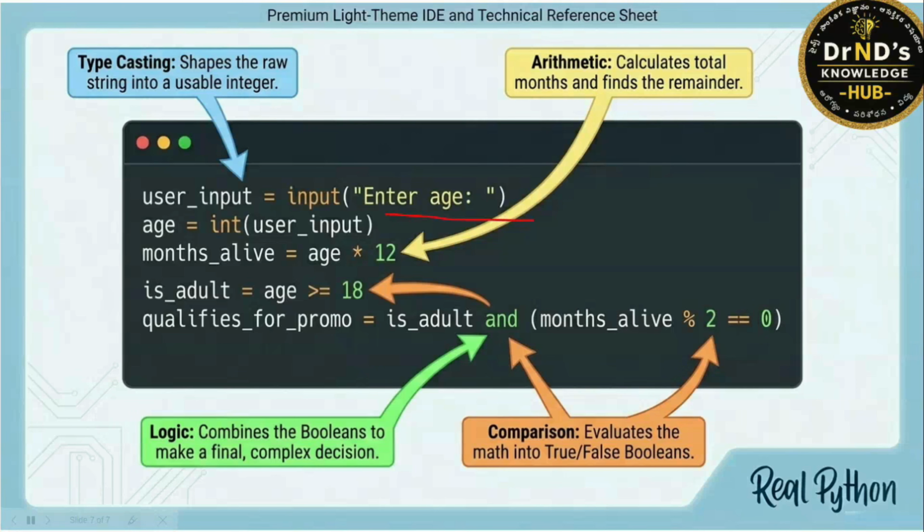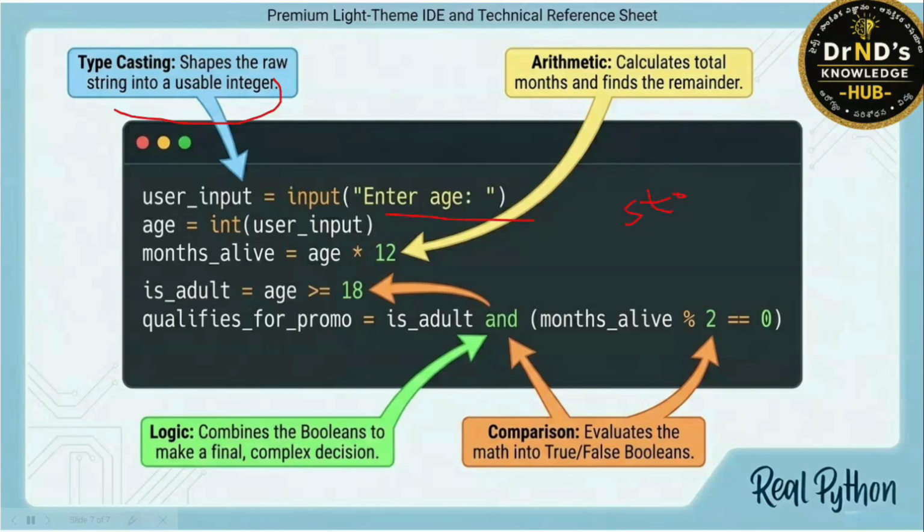Remember, the input function always returns a string. Next, age is equal to int, bracket user input. We convert the string into an integer.